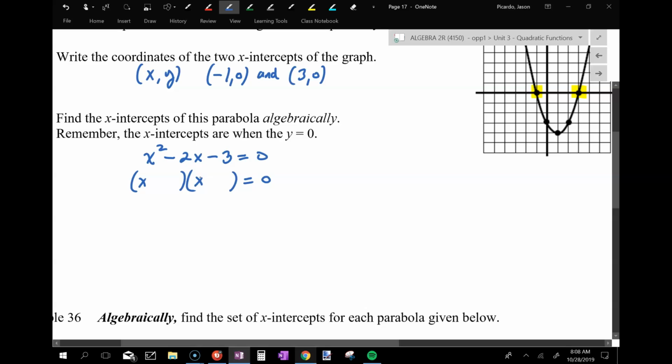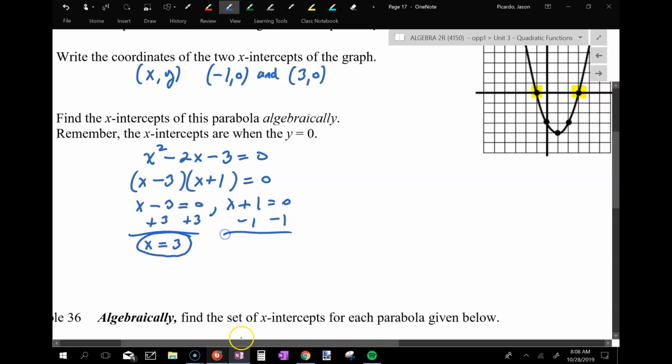Two numbers that multiply to be -3, add to be -2 are -3 and 1. And there's my answer, -1, right?